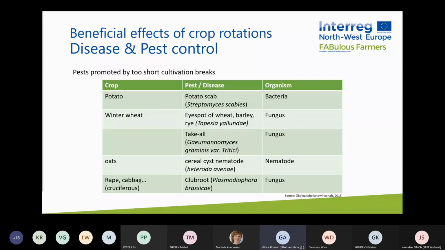Another crop is oats, where nematodes can cause plant diseases, and in rape or cabbage you have fungus that can cause clubroot, for example. So just to show you some examples of typical pests and diseases that can be promoted by a short cultivation break between the crops.